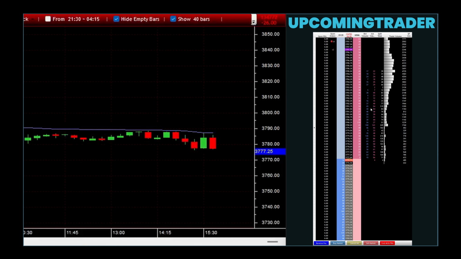For the shooting star to be considered a valid bearish reversal indicator, it should appear after a prolonged uptrend where the market has consistently been pushing prices higher. Additionally, its presence should be confirmed with subsequent trading days showing lower prices, further validating the reversal signal.